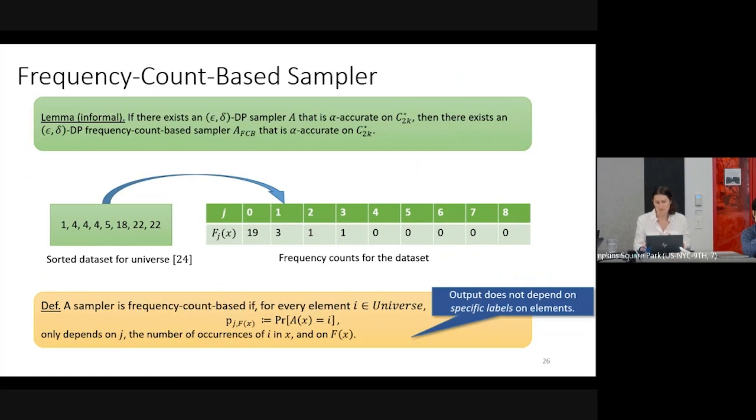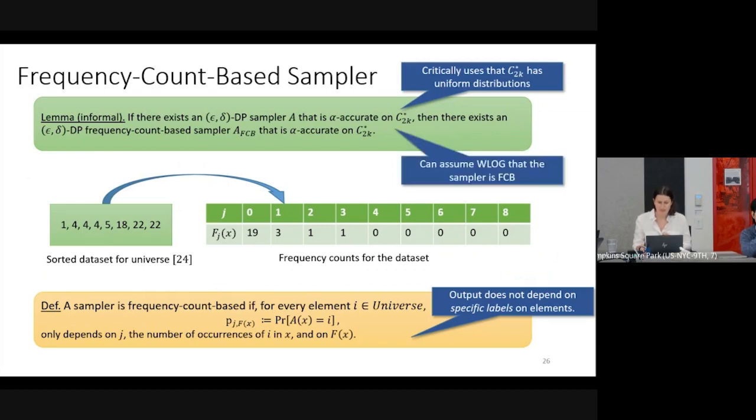And we're relying on the fact that this class of hard distributions is uniform, so it doesn't really matter what the labels were to begin with. So we can assume this without loss of generality, right? So we're not incurring any additional terms in the accuracy or privacy parameters. All right, so that's not really a strong assumption, but it just makes things a lot easier to analyze.